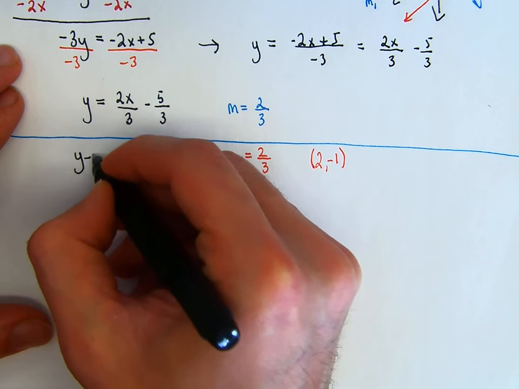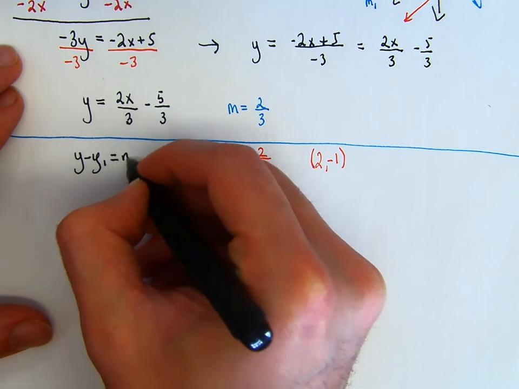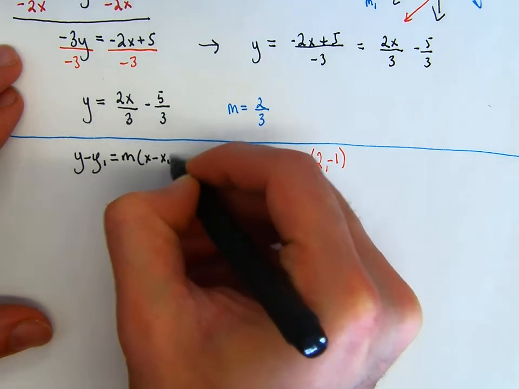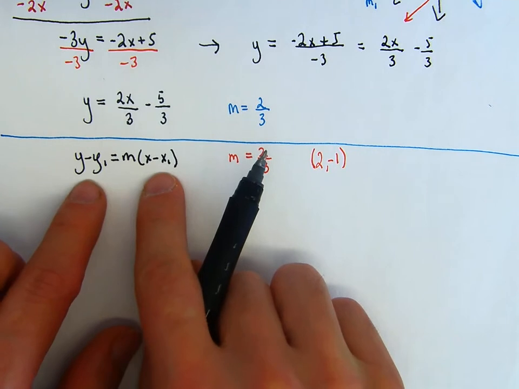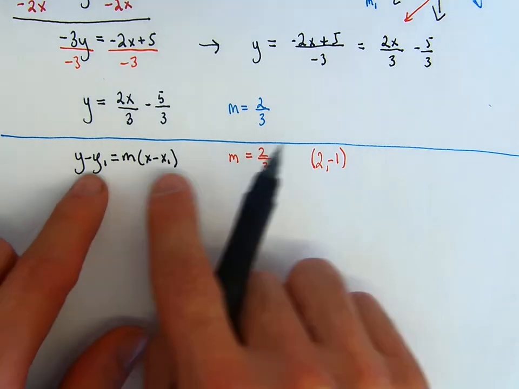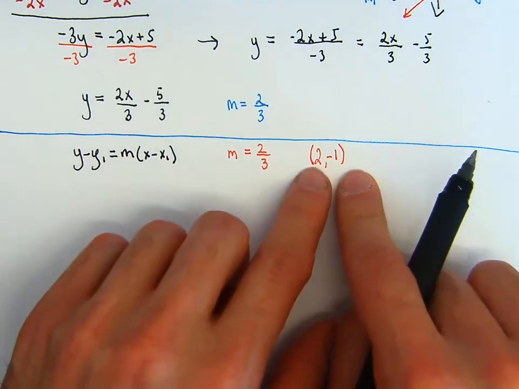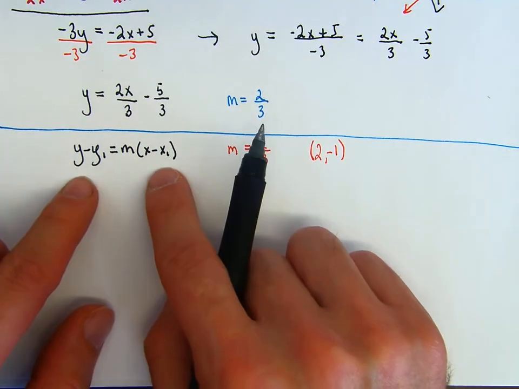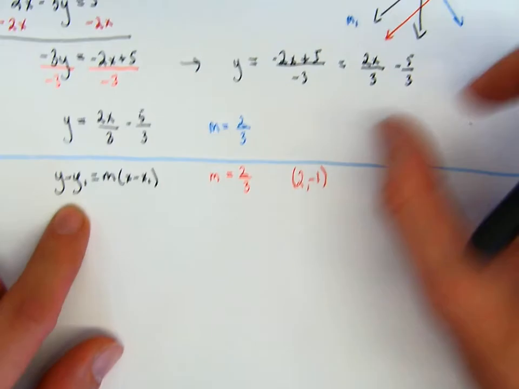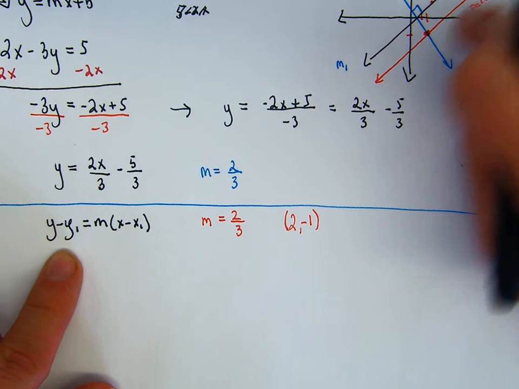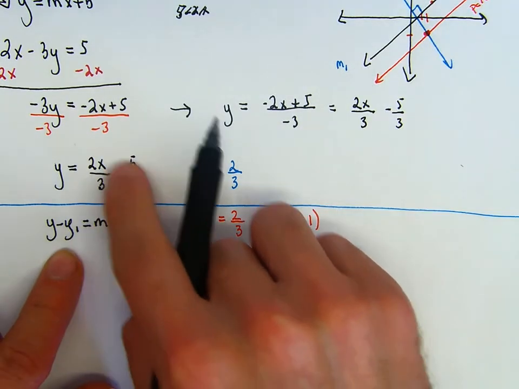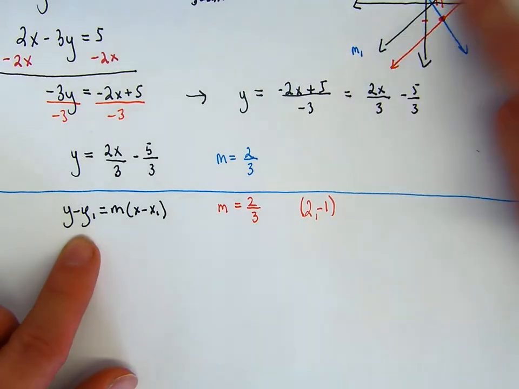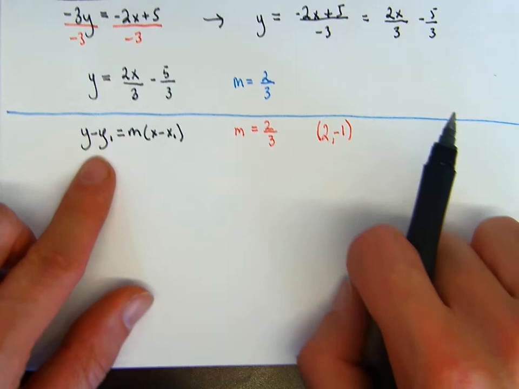We can use y minus y sub 1 equals m times x minus x sub 1. Remember, the point-slope formula: if you give it a point and a slope, it creates the equation of the line. That's what we want to do: create the equation of the line parallel to y equals 2x over 3 minus 5 over 3, which is this one. So let's do it.